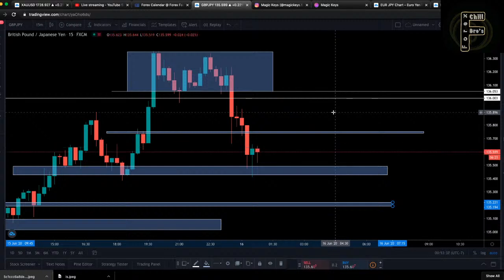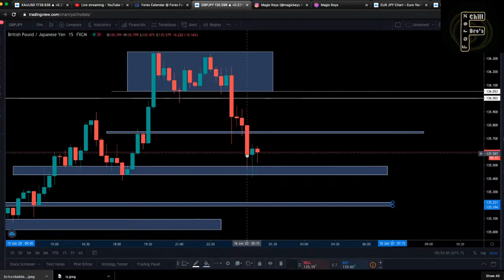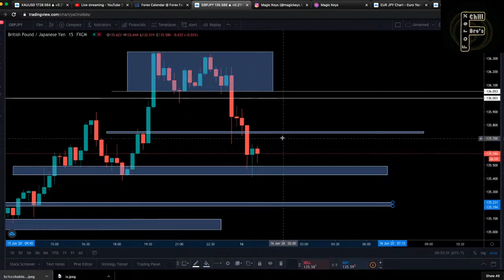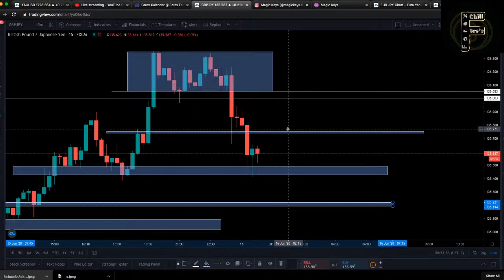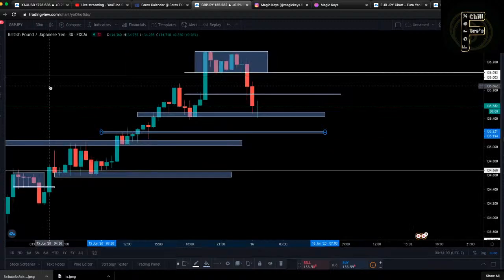Breaking the highs, you can take buys, because we already formed support here. This closed bullish, but it hasn't broken the low of this one, so you're still on 50-50. So you just wait and see how it plays. But overall, we're still on the bearish move. So just wait.